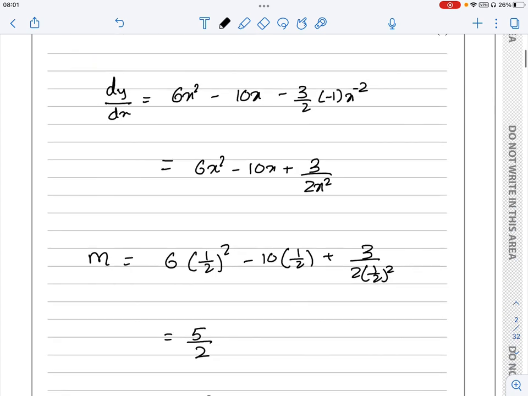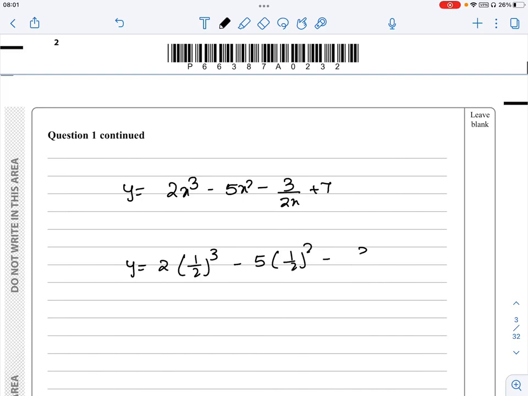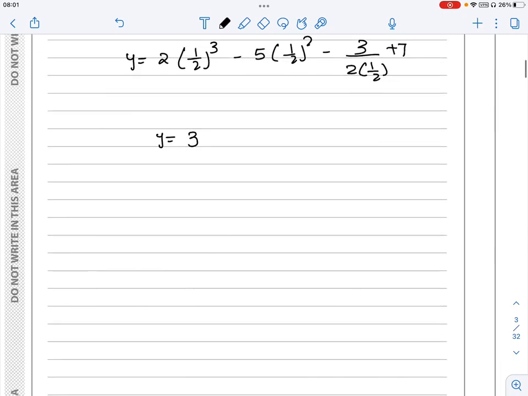So y equals 2x cubed minus 5x squared minus 3 upon 2x plus 7, so y equals 2 times (1 upon 2) whole cubed minus 5 times (1 upon 2) whole squared minus 3 upon 2 times 1 upon 2 plus 7. So y equals nothing but 3. So the point is 1 upon 2 comma 3, and the gradient is minus 2 upon 5.